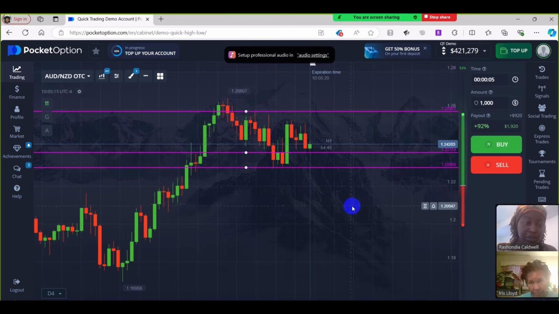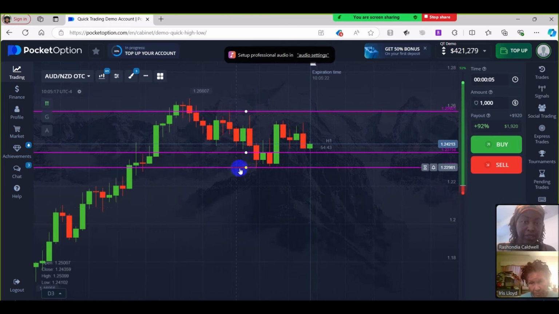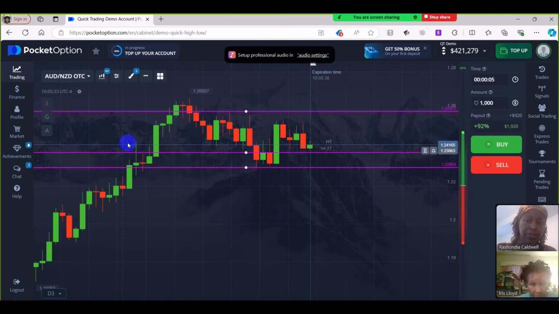So on this one, you see we have the higher time frame locked in, but you see this candle right here? If you look to the left, this candle right here, you see it? It's working off of the top of this wick. It's pushing up, can't get past.